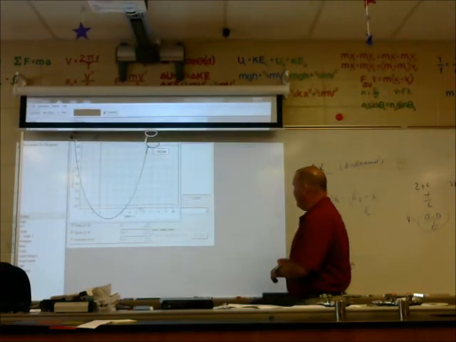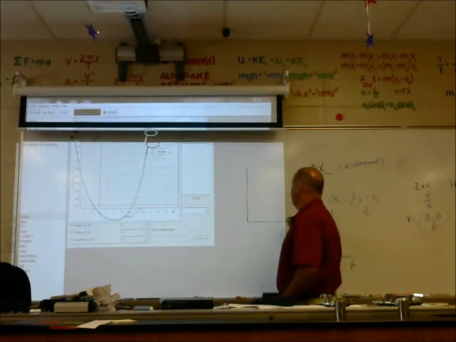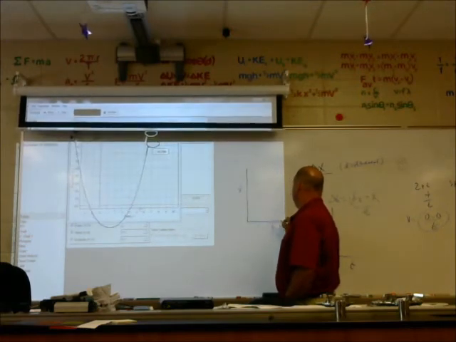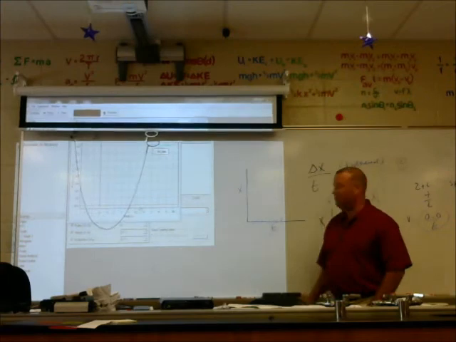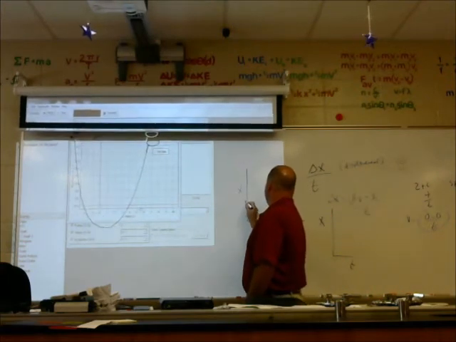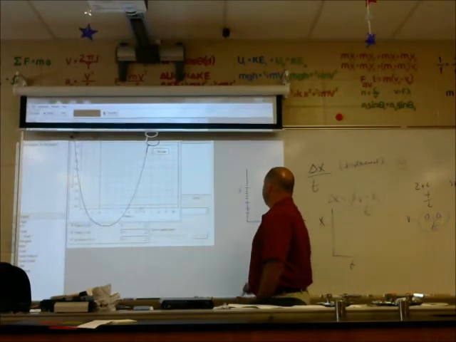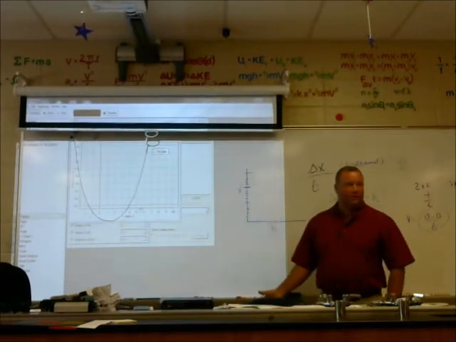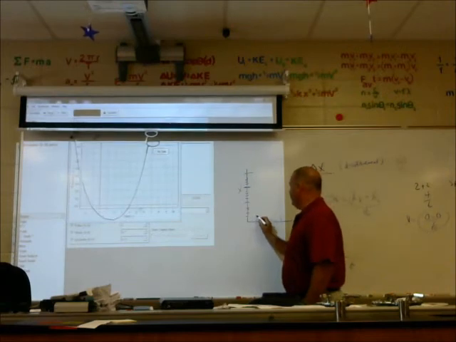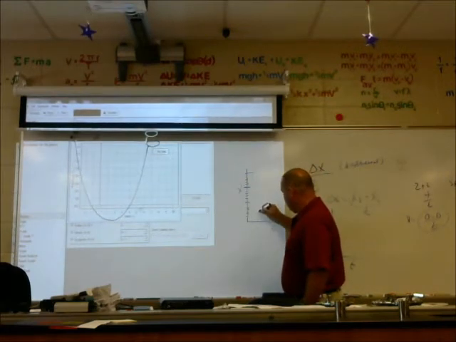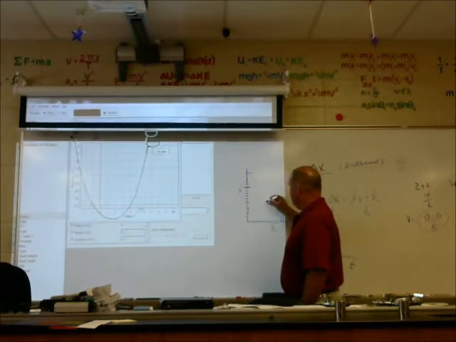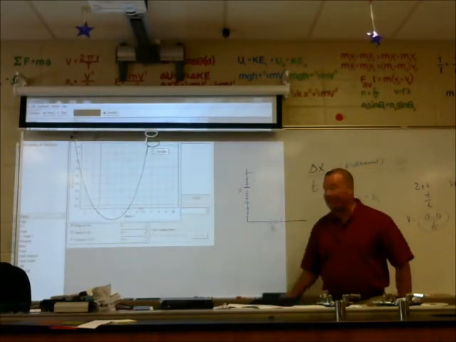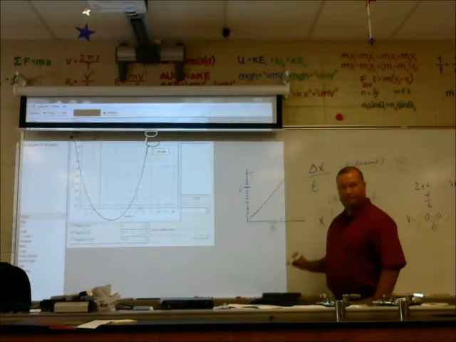Could we come up with a way to figure out what the graph would look like? Let's say each of those is 1/10 of a second. Each one of those, 1/10 of a meter. So if it's going 1/10 of a meter every second, does it make sense that the graph would look like that?